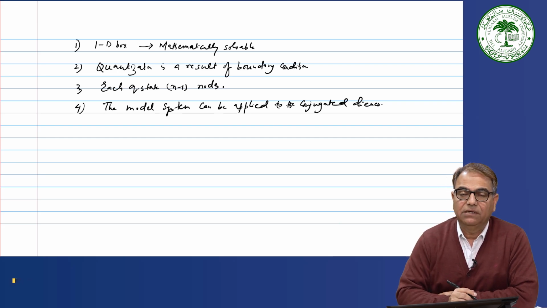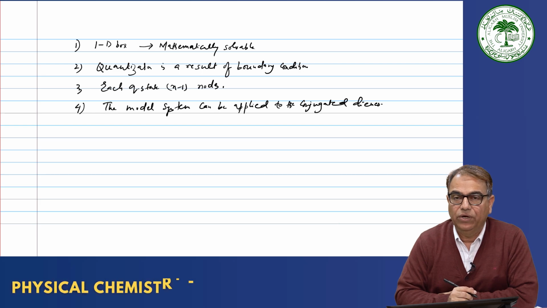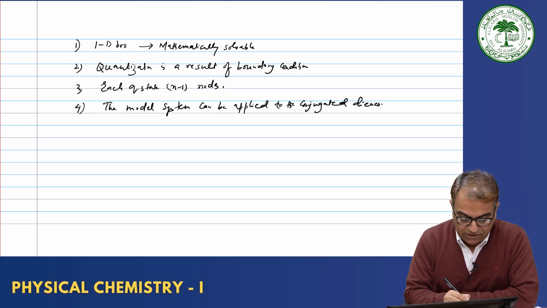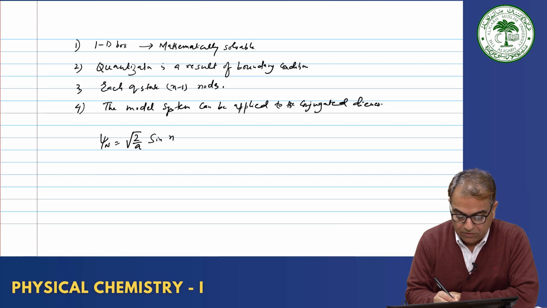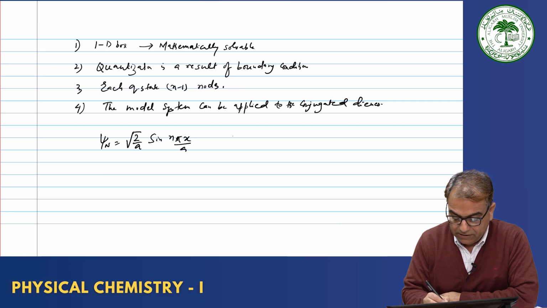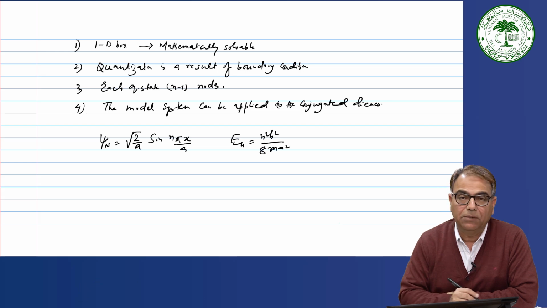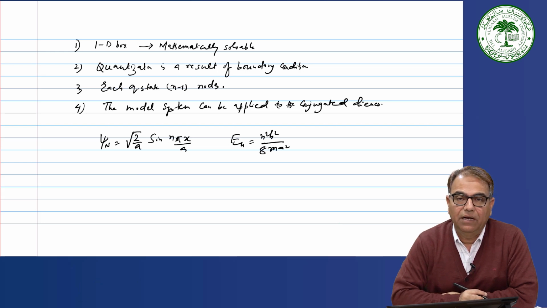Having done this, we can go ahead, and if we have the wave function and the energy level, then we can apply the postulates which we have done, and we can get the expectation value or average value of different physical quantities.